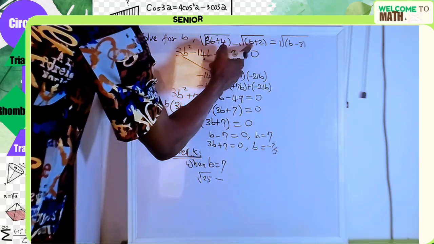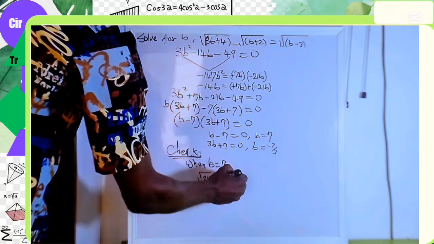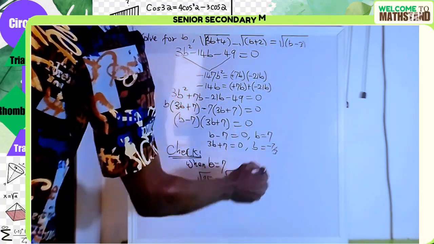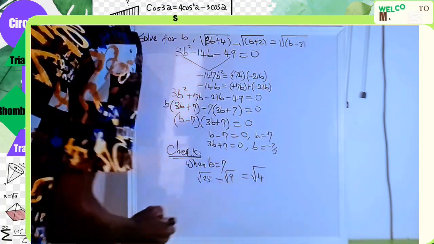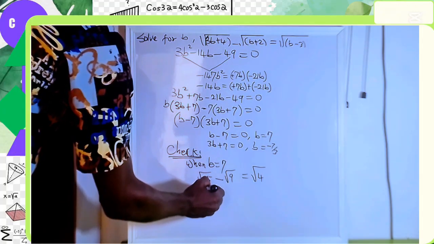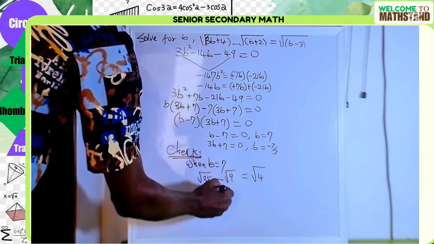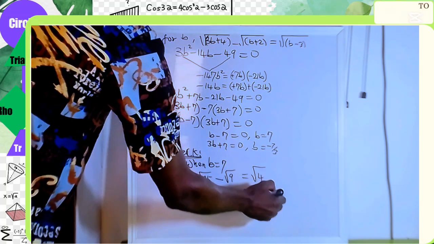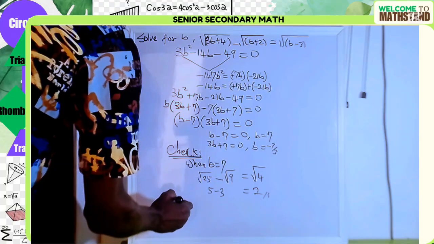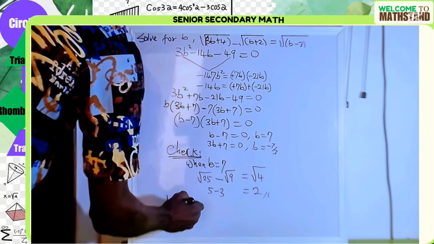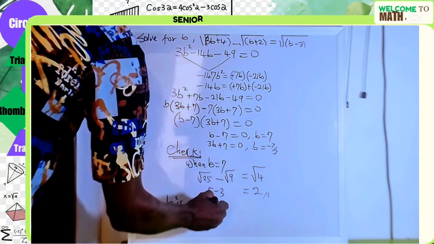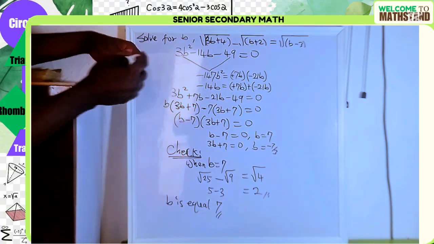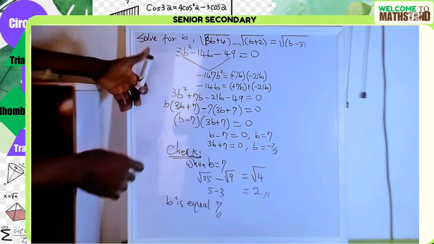Here, 7 plus 2 will be 9. Then here, 7 minus 3 is 4. So the square root of 25 is 5, the square root of 9 is 3, and the square root of 4 is 2. So therefore, b is equal to 7, and not the other value. So that is that for this solution.